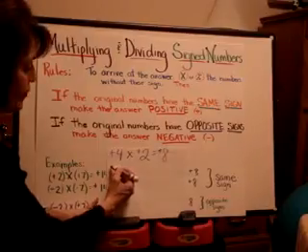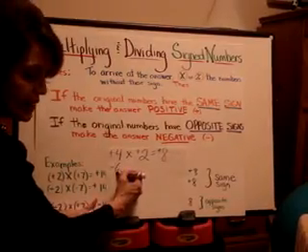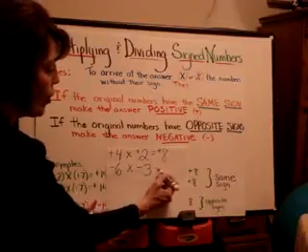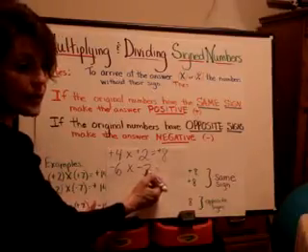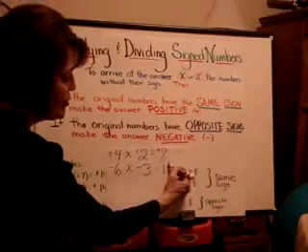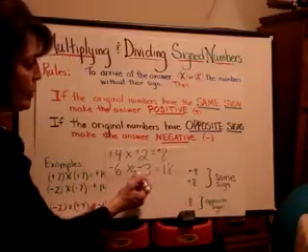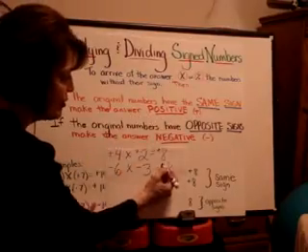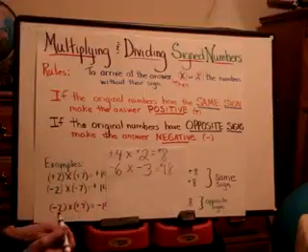Let's try again. Negative 6 times a negative 3. What's 6 times 3? 18. 18, that's right. Two of the same sign is going to give me a positive answer. So the answer is positive 18.